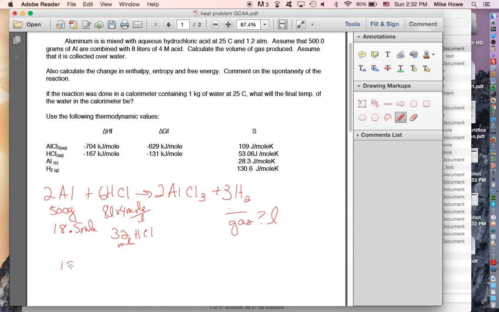So if you started with the aluminum, 18.5 moles of aluminum, I multiply by the ratio of HCl to aluminum, which is 6 to 2. So really I'm going to have 18.5 times 3, which would be 55.5.